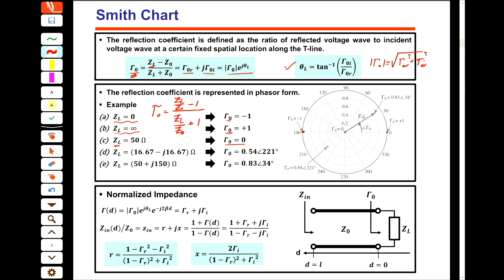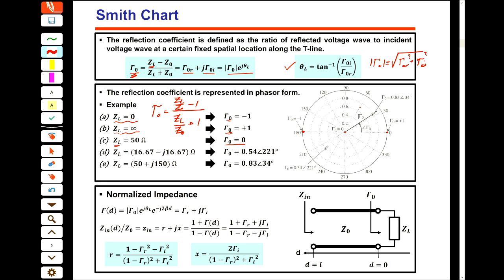Okay, then what did Mr. Smith do? Mr. Smith said that, okay, if we have this representation of the gamma, and now I pick any point here and I want to find the equal Z of this, how can I manage this easily in graphical format?